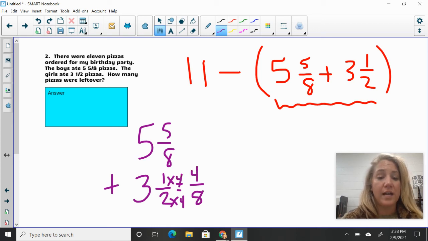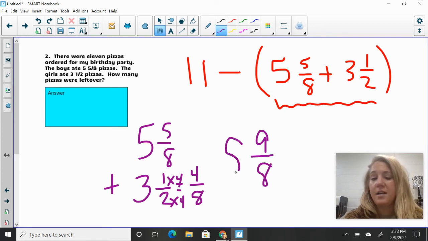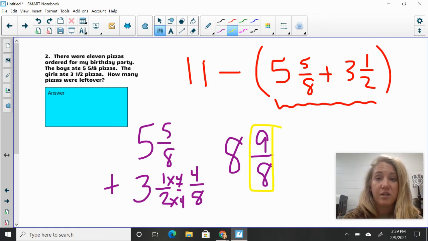Now all I have to do is add them together. So I've got 5/8 plus 4/8, which is 9/8. And 5 plus 3 is 8. So they have eaten 8 and 9/8 of the pizzas. However, I have this pesky improper fraction right there.